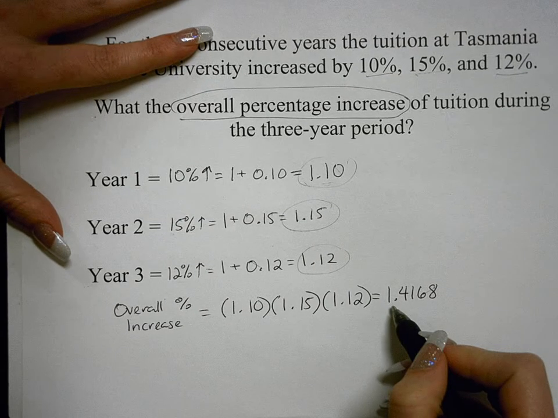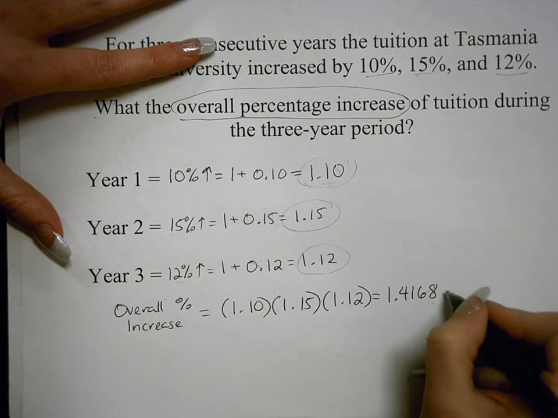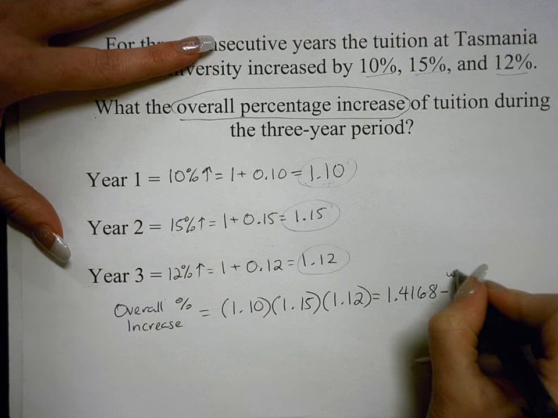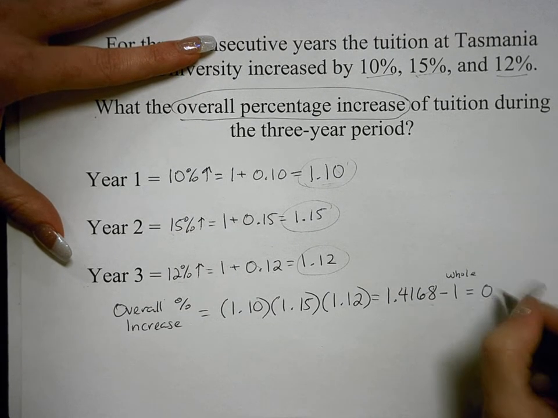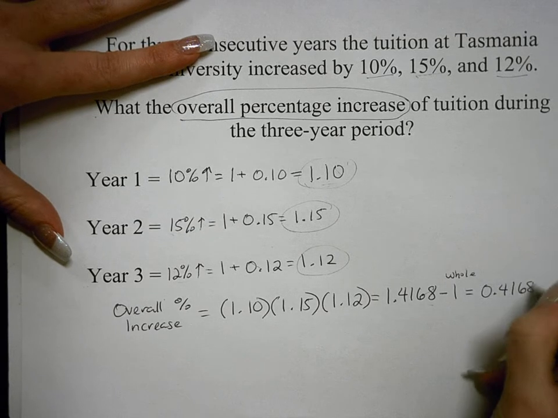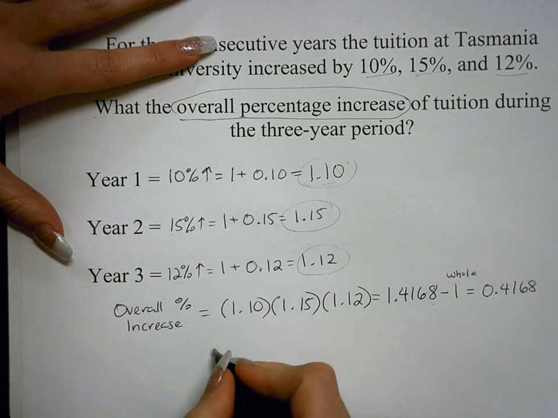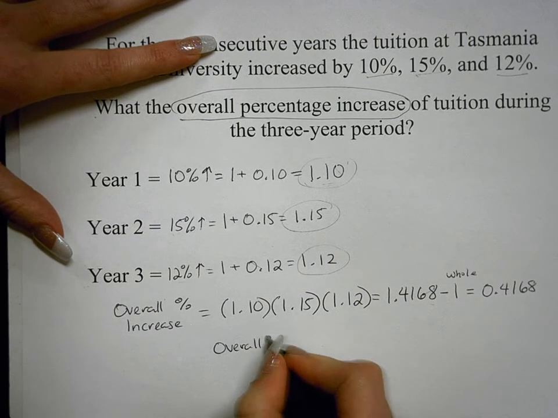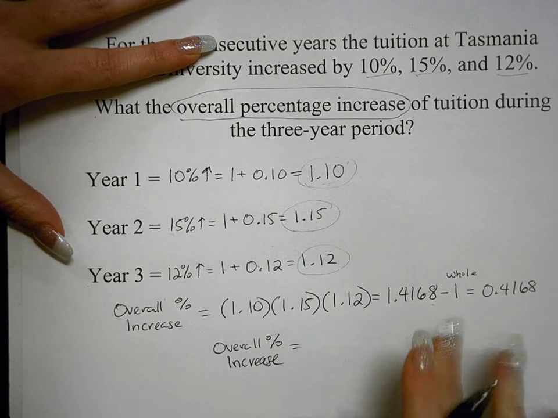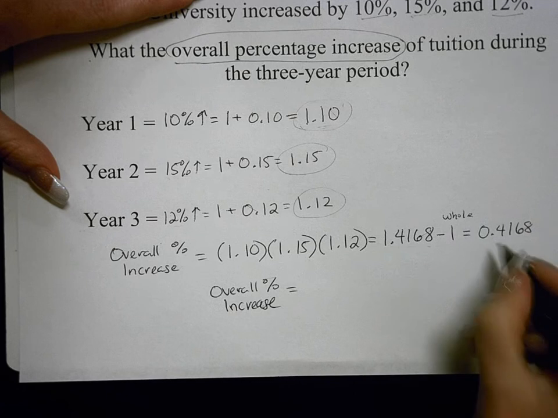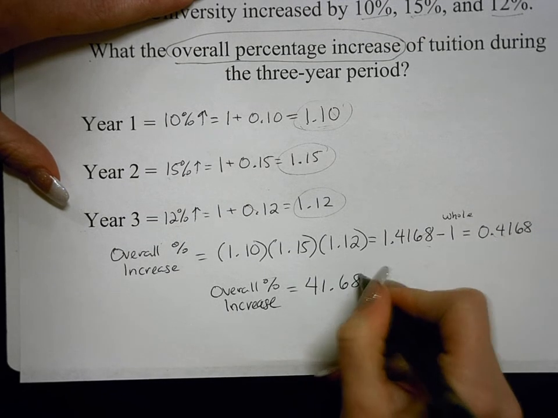What we have to realize is this decimal has the original whole and it has the percentage increase. So we need to take away that original whole, which was 1. And when we do that, we're left with 0.4168. And once we convert this to a percentage, we will have the overall percentage increase over the 3 years. We convert that to a percentage, and it is 41.68%.